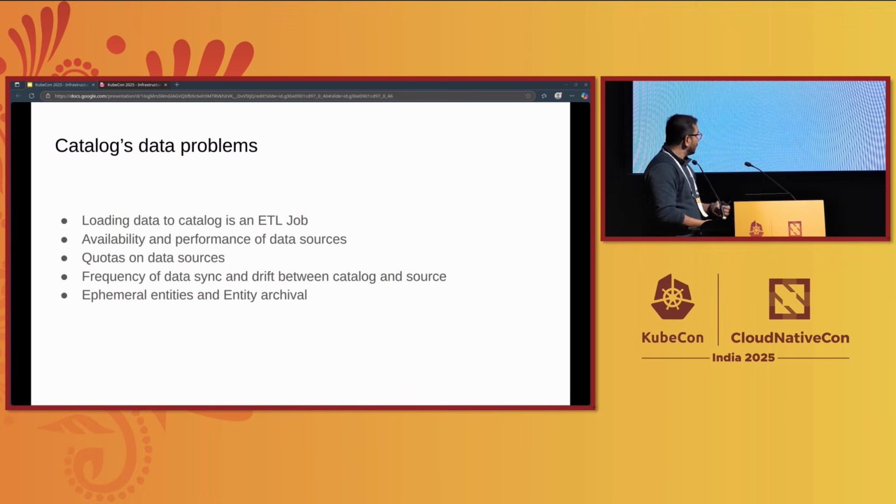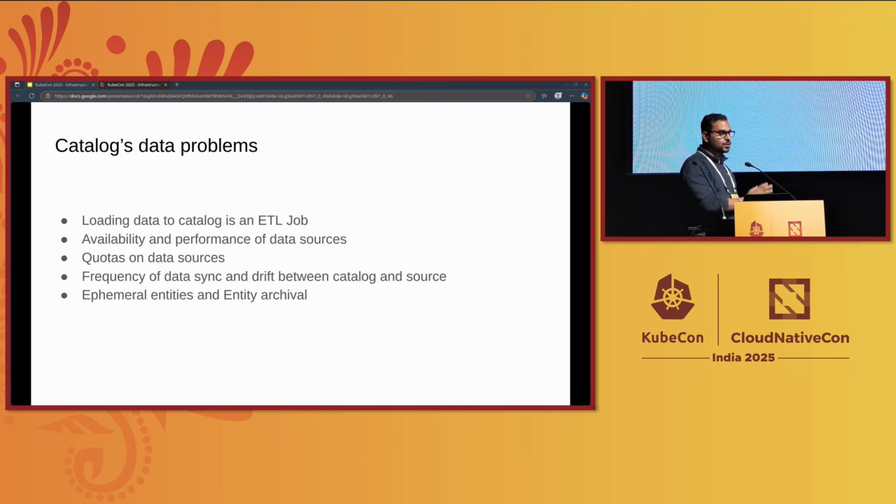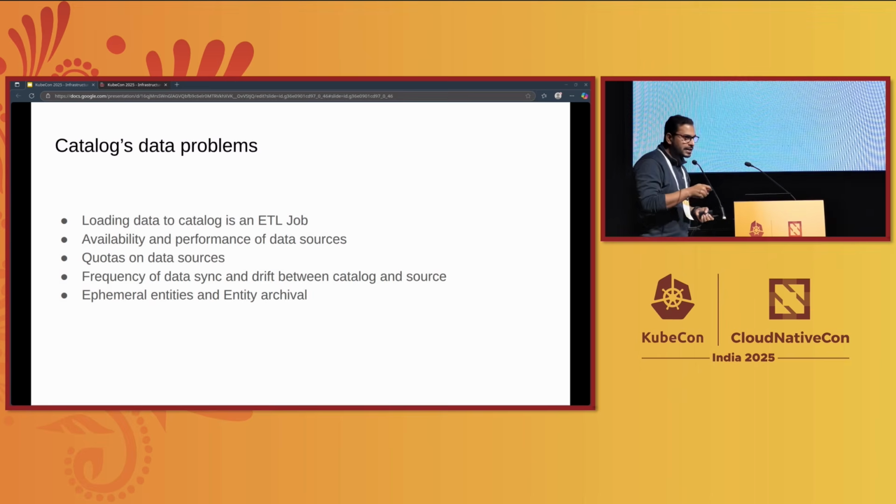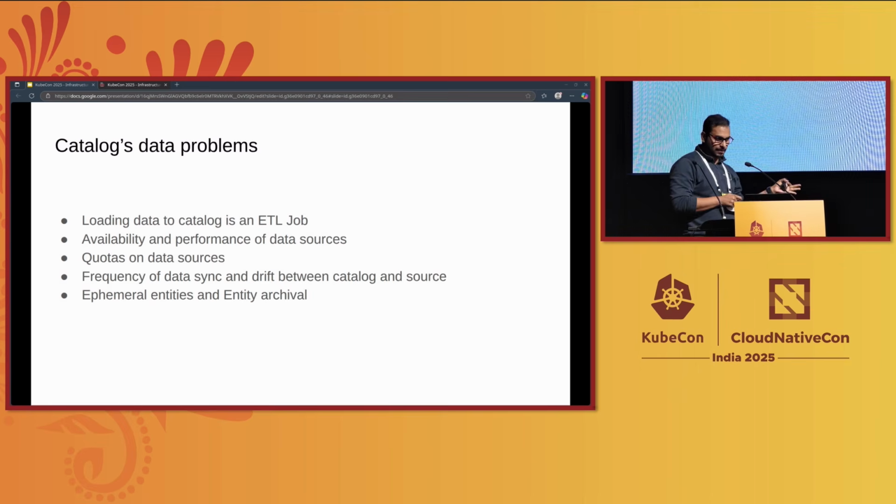And the last one is ephemeral entities, right? Consider this case. You have a CI system where you have defined your pipeline, right? Most of you would probably be familiar with Jenkins, right? So Jenkins has a pipeline definition which you can import as an entity here. That's just a pipeline. Now, when an event kicks off, it creates a pipeline run, right? There is an instantiation of your pipeline, basically. Now, that pipeline run has a validity or a relevance in the immediate time, right?